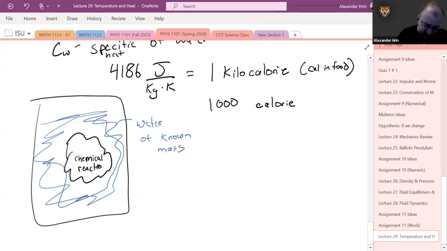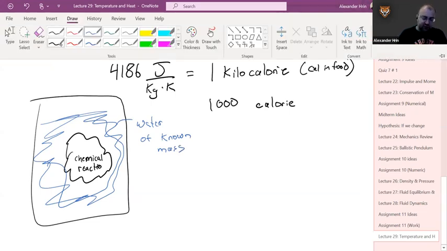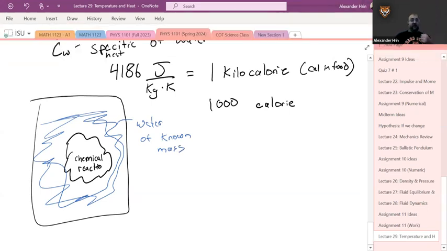There's not a really convenient way of measuring the energy released from chemical reactions. But if you know how heat changes the temperature of water, you can use the change of temperature in water to infer how much energy was released from the chemical reaction. So if energy is leaving this chemical reaction, Q is going into the water.